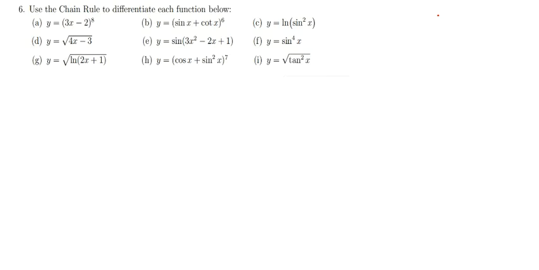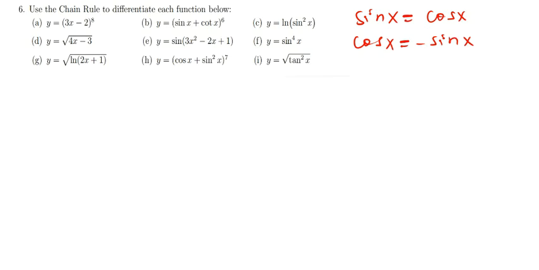We start with the derivatives of trig functions. The derivative of sine x is cos x. The derivative of cos x is negative sine x.